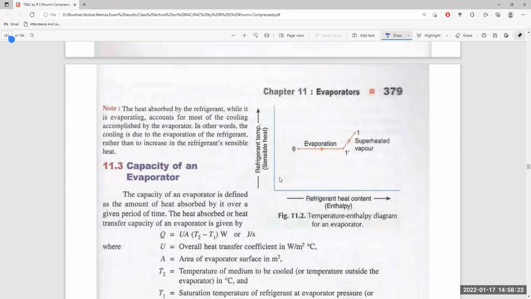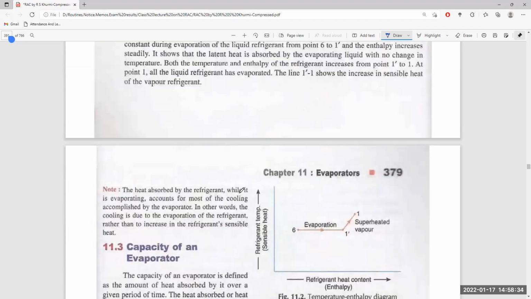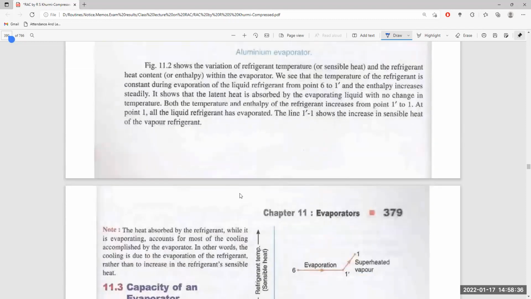It is the refrigerant heat content, and the refrigerant temperature, or sensible heat, is raised from 6 to 1 dash. So it is telling us the variation of refrigerant temperature, sensible heat, heat content and enthalpy within the evaporator.